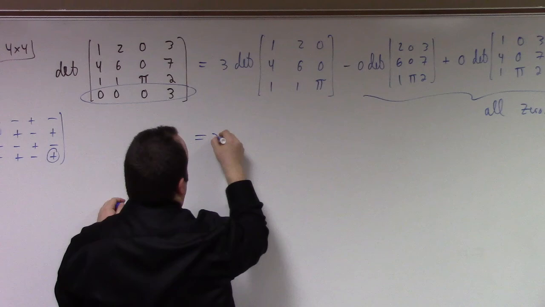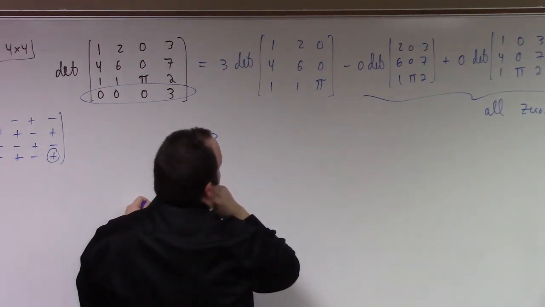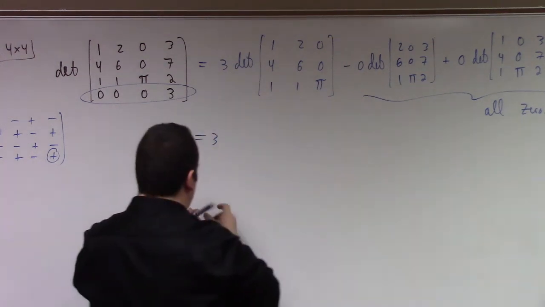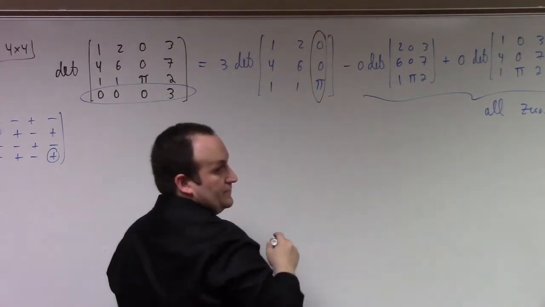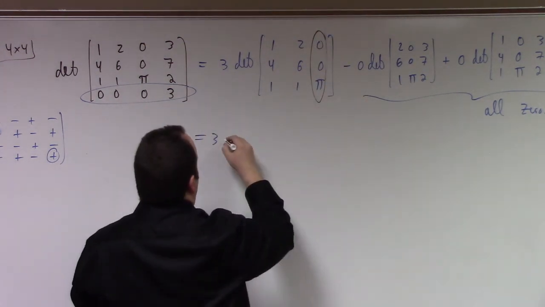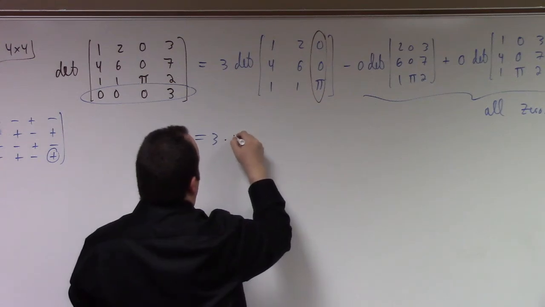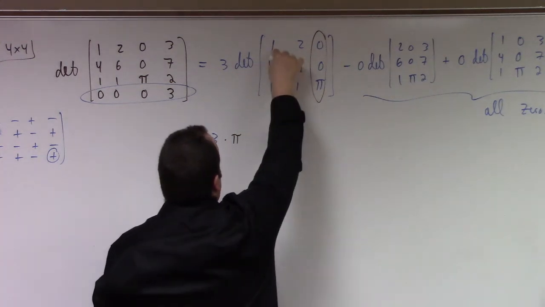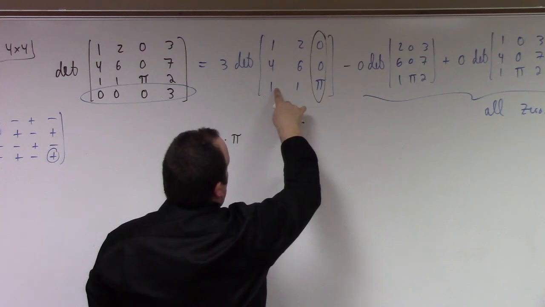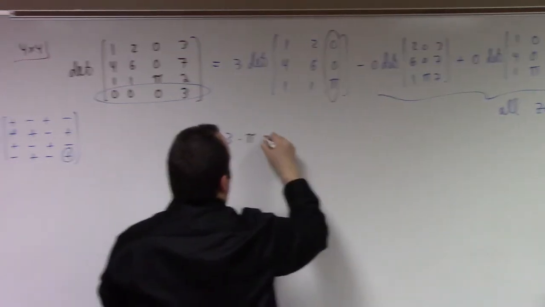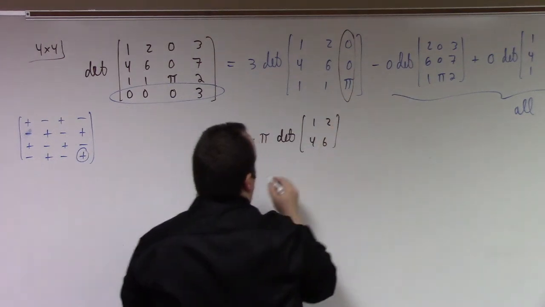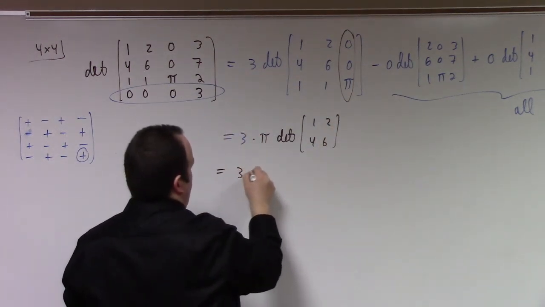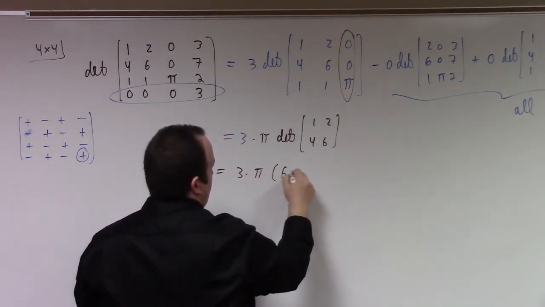So I'm supposed to calculate this. So I got 3. And then, I think the smart thing here would be to expand on that one, right? So that's going to be 3 times pi. Wait a minute. Plus, minus, yeah, plus, times the determinant of 1, 2, 4, 6, which is 3 times pi times 6 minus 8.